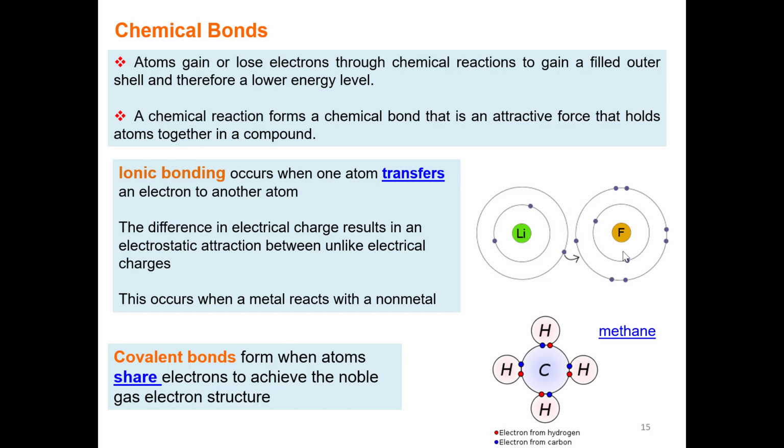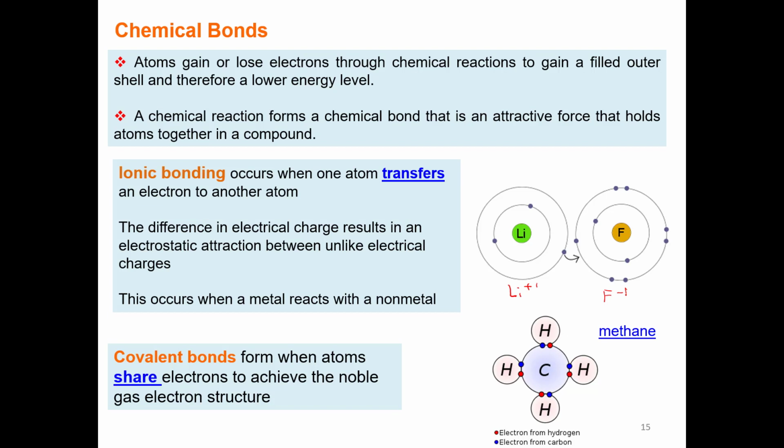Now, if the lithium loses 1 electron, then the lithium becomes a positive 1 ion. But the fluorine gained 1 electron, so now it becomes a negative ion. What happened is that now one ion is positive and the other ion is negative.